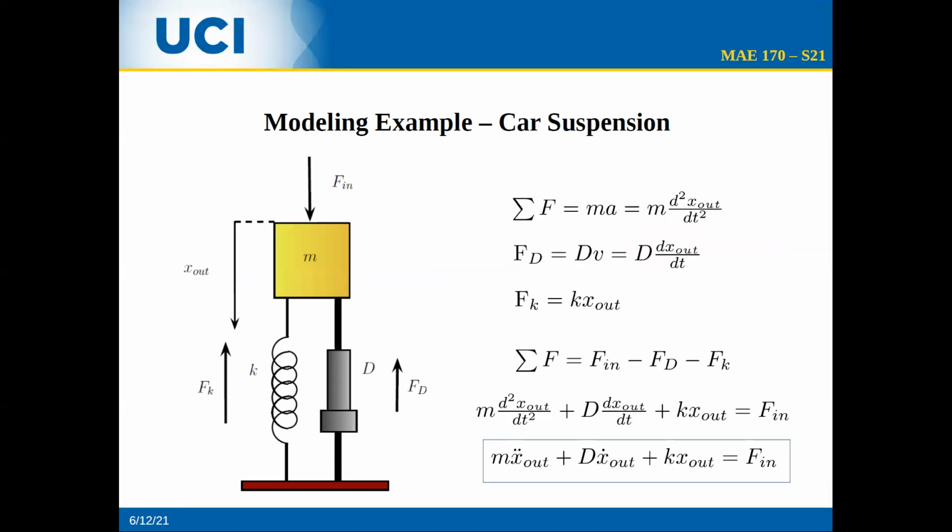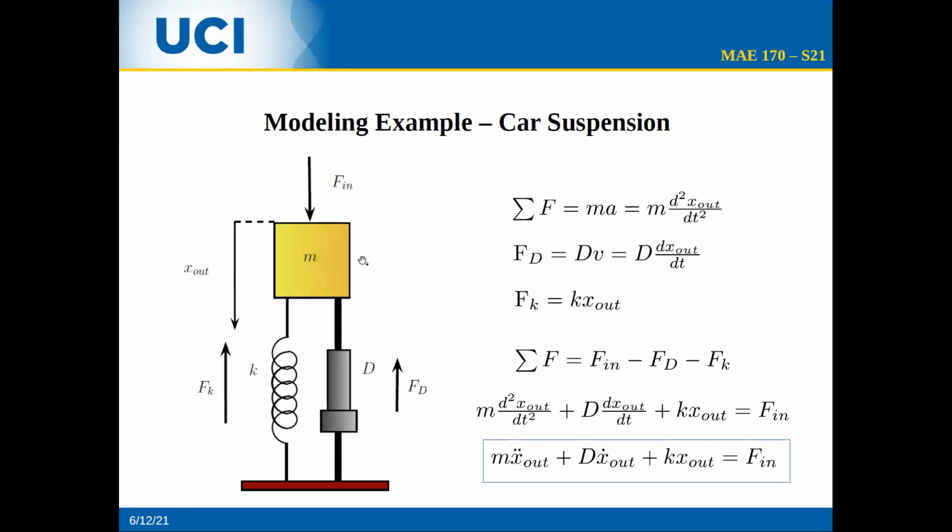So the model is just described by a second order equation. As I told you in the beginning, every mechanical system, but I think it's worth repeating, every mechanical system is described by a second order ordinary differential equation per degree of freedom. So in this case, we have a mechanical system, the mass. How many degrees of freedom do we have? Just one, because the mass can only oscillate vertically.